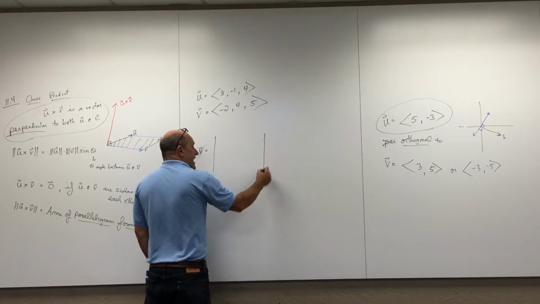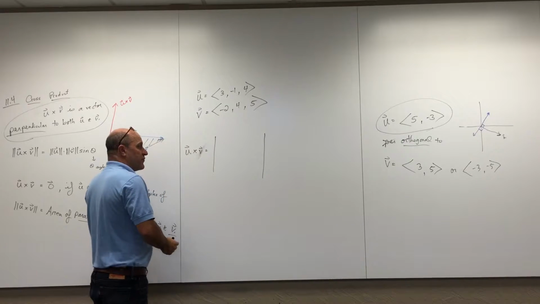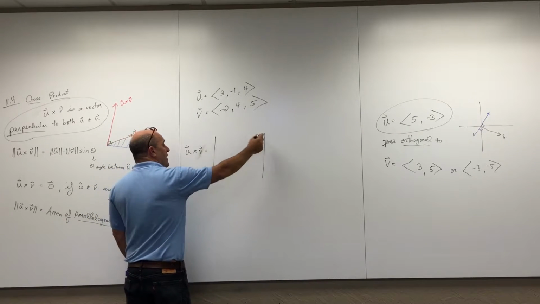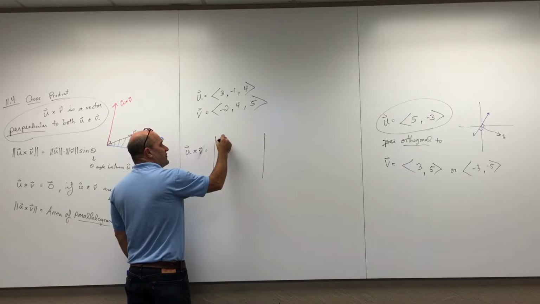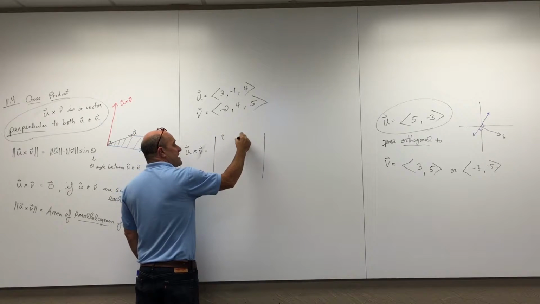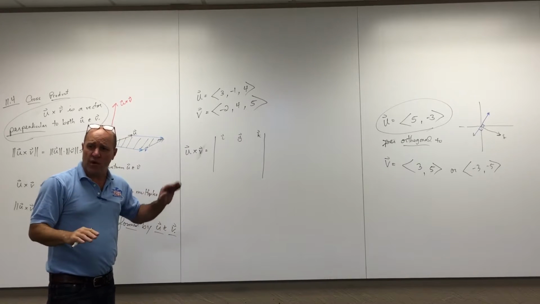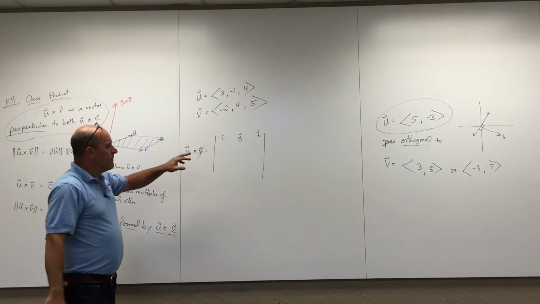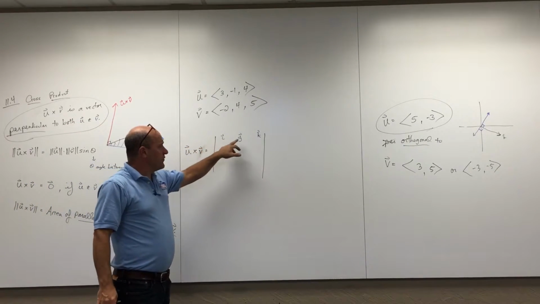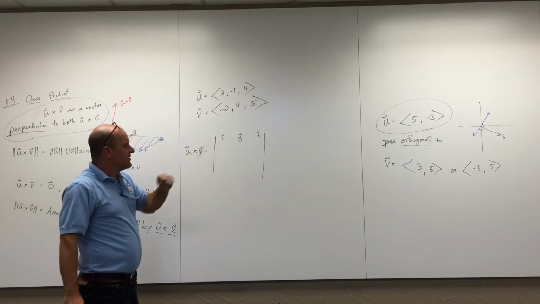I make a 3 by 3 determinant. Across the top row of the determinant, I put the i, j, k. They're just the little placeholders in a way. But you know what those are. Those are my standard unit vectors in the x, y, and z direction.